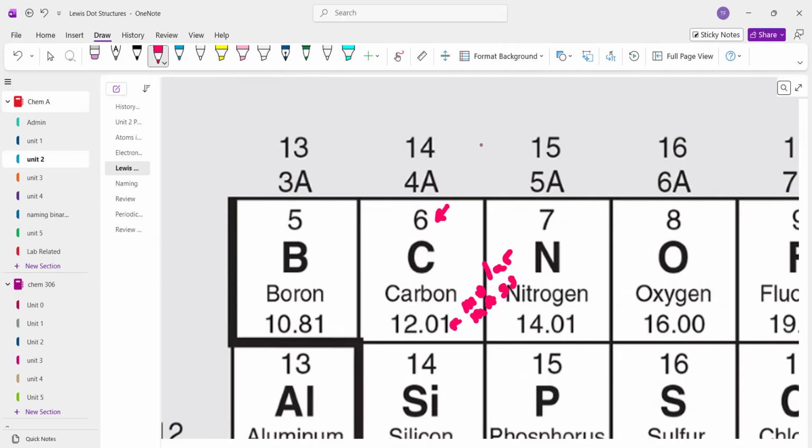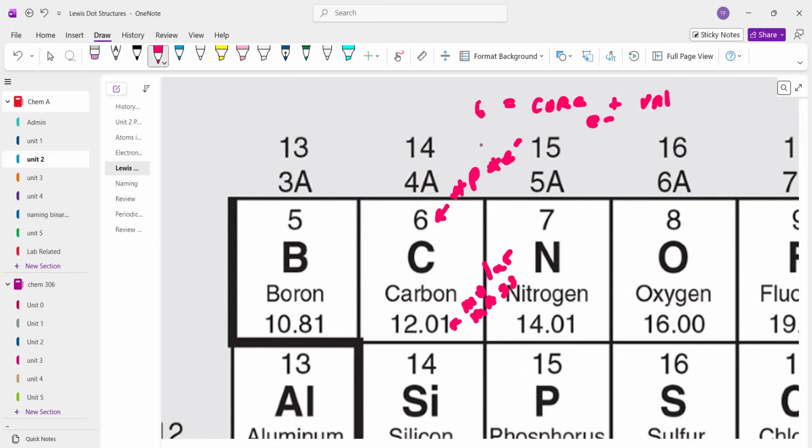And this is the number of protons and electrons, assuming it's neutral. That means carbon has a total of 6 electrons. However, those 6 are core plus valence electrons.